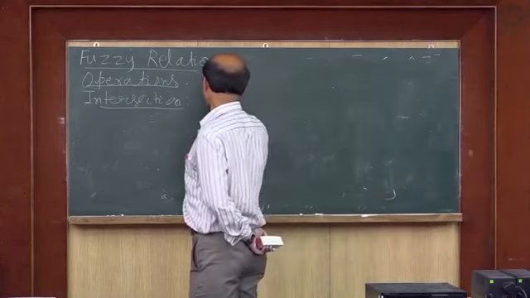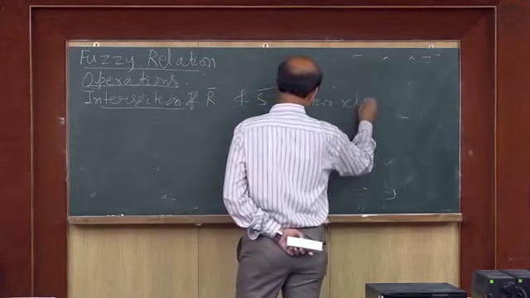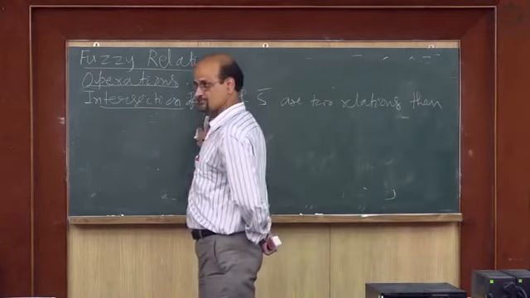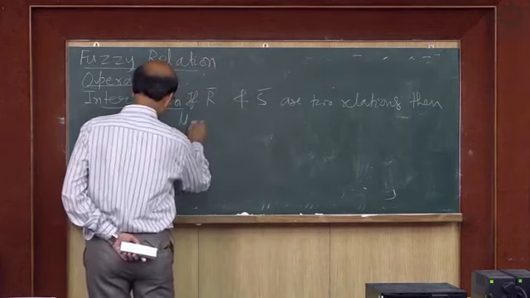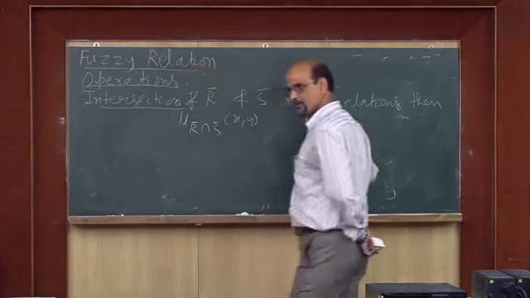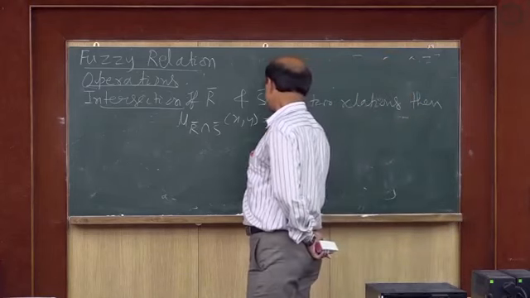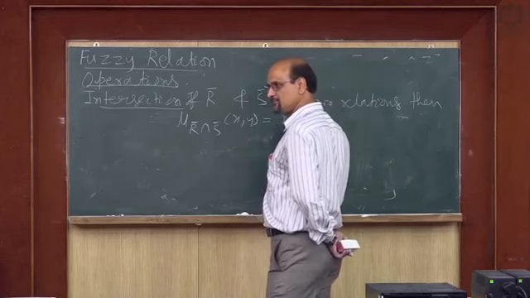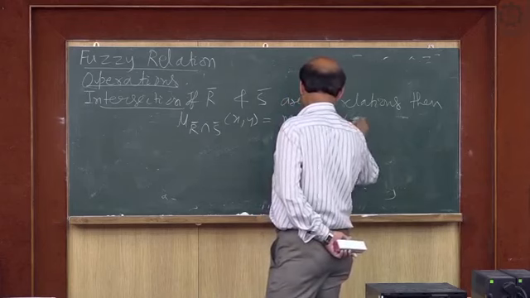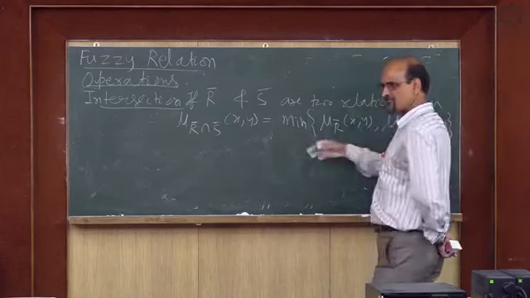If R bar and S bar are two relations, then I can have the membership function mu R bar intersection S bar at x y, remember in the Cartesian product x cross y. I define this very simply as the minimum of mu R bar x y and mu S bar x y, same as whatever you have read for intersection.